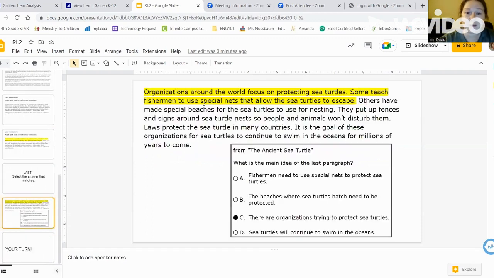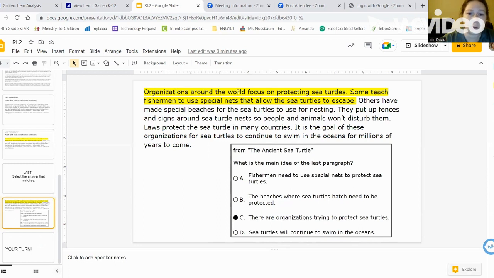And you can actually see what I did. I have what I highlighted, and then I've looked at the passage. Fishermen need to use special nets to protect sea turtles. Well, that was in the second sentence, but there are organizations trying to protect sea turtles.